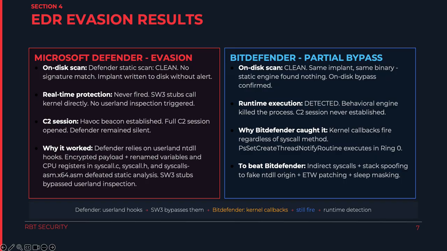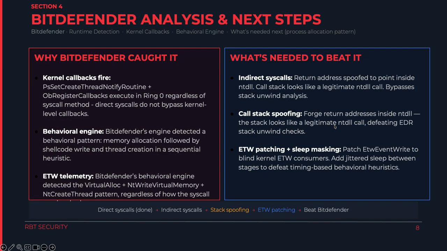We went under the debugger and determined the reason why we got caught: Bitdefender identified that we were using the direct syscalls technique. Right, let's move on to the next steps. One thing I want to mention is that Bitdefender also uses kernel telemetry.